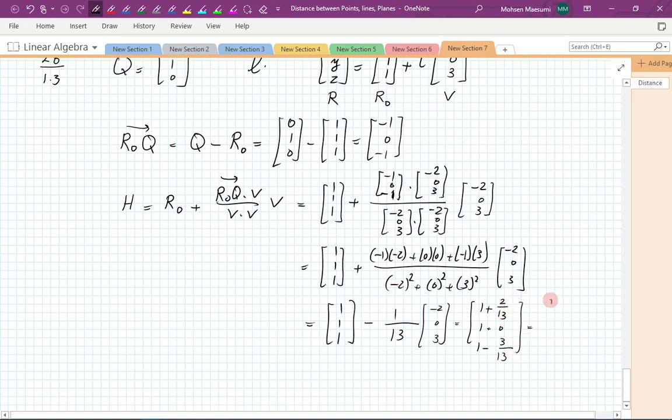So this becomes 15/13, 1, and this one looks like 10/13. This is the location of H.